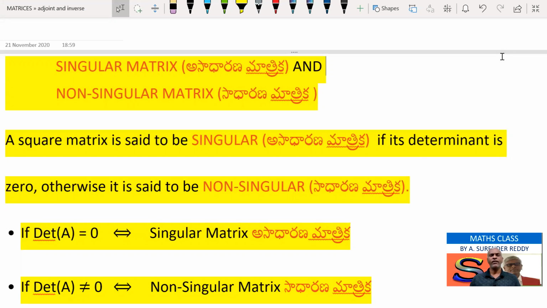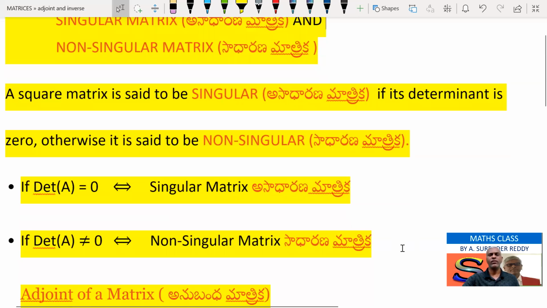Determinant 0 అయితే అది singular matrix, అసాధారణ మాత్రిక. Determinant 0 కాకపోతే non-singular matrix. If determinant is 0, it is singular matrix, and determinant not equal to 0, it is non-singular matrix, sadharana matrika.